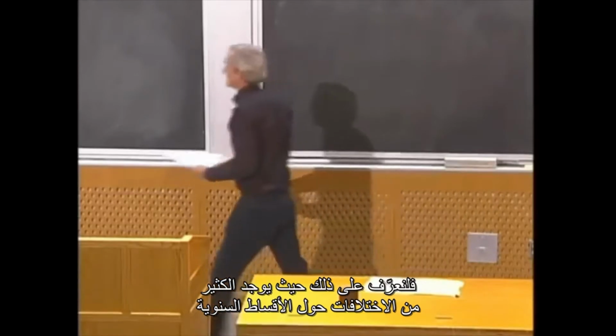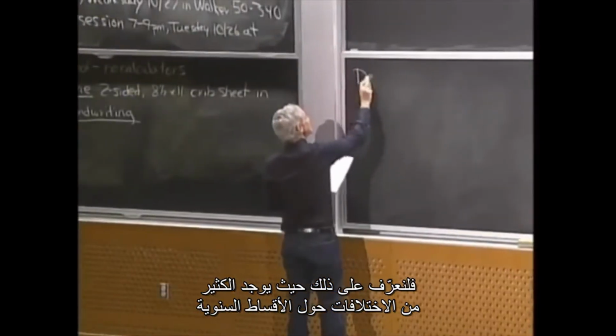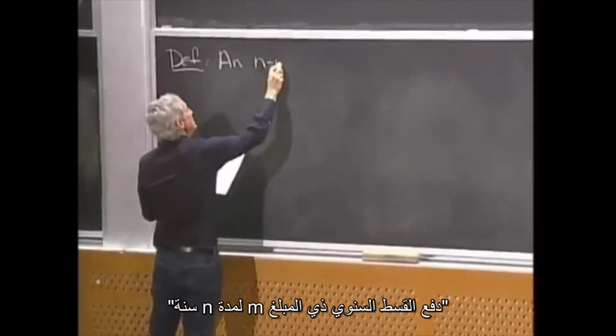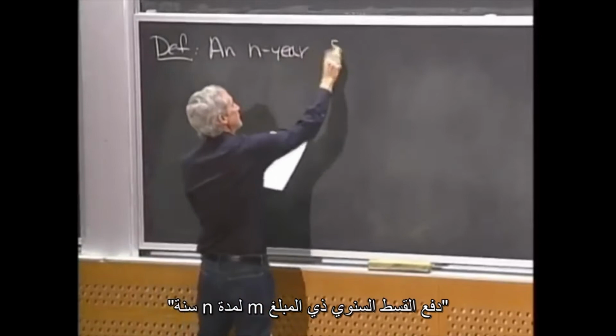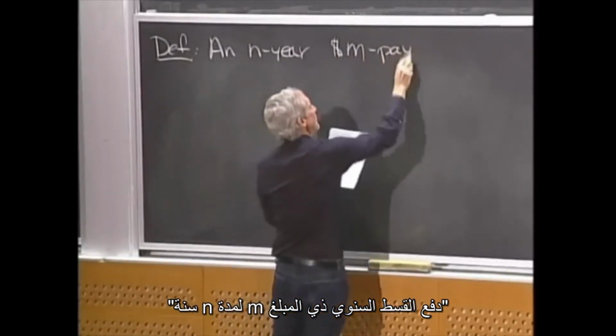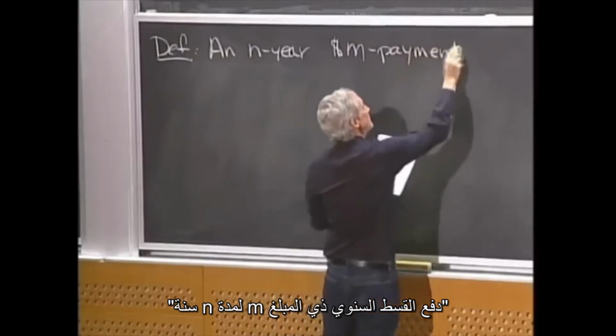So let's define this. And there's a lot of variations on annuities. But we'll start with one that's called an N-year $M payment annuity.